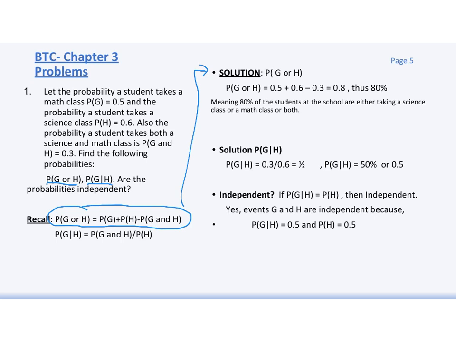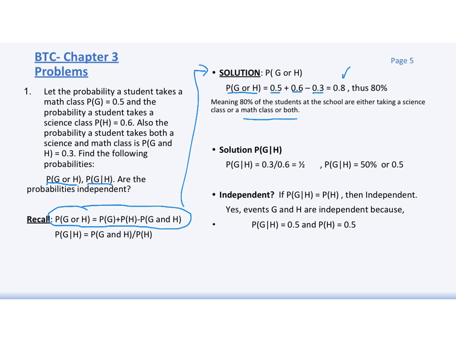The probability of G or H is equal to 0.5 for math, plus 0.6 for science, minus 0.3 for students taking both, and we get 0.8. Thus 80% of the students at the school are taking a science class or a math class or both.